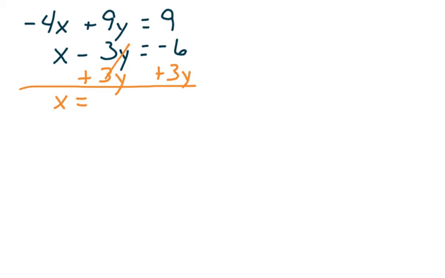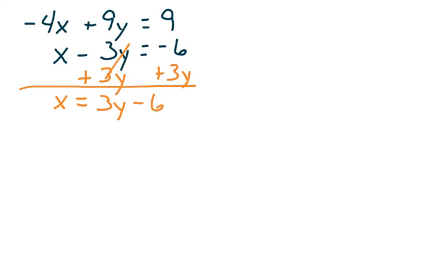I like to put my variable term first, especially in this case because my variable term, the term that has the variable, the 3y, is positive, and the constant term, the negative 6, is negative. If I end up writing it with the negative 6 first, chances are I'm going to forget the negative in a future step. So I'm going to write it with my positive term 3y first, and then subtract the 6.